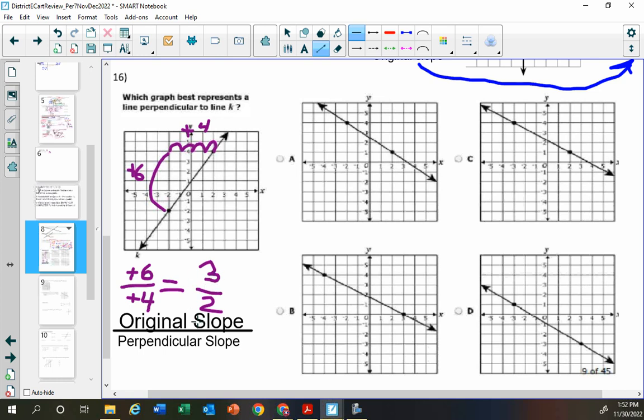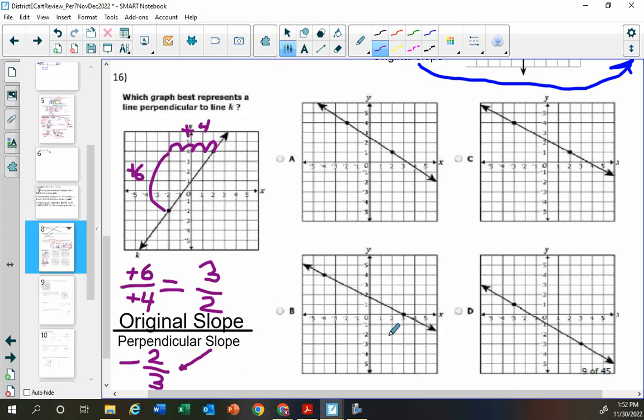Flip, and then what else? Well, what's our original sign here? That's going to be your slope. It's going to be -2. So your perpendicular slope is going to be -2 over 3.